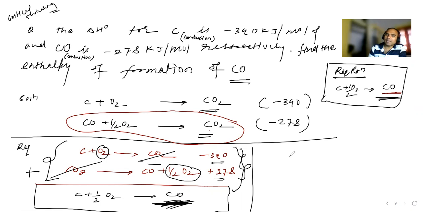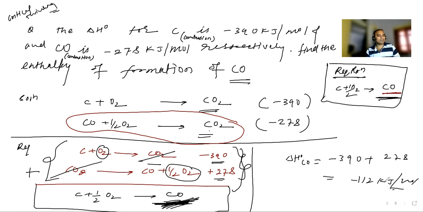So the enthalpy of reaction, delta H naught of CO: by adding these two equations we got CO. So what is 390 plus 278? It gives 112 kilojoule per mole. Can you understand this one? Yes, I understood this now, after I made the Hess's law connection. So it is all about Hess's law.